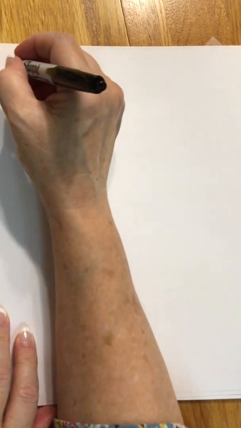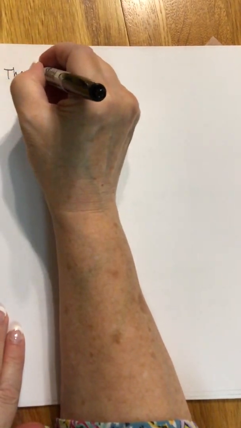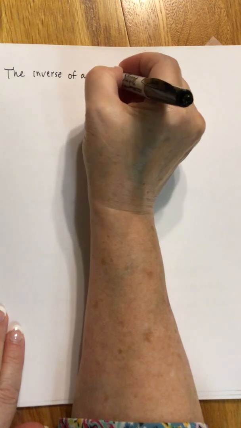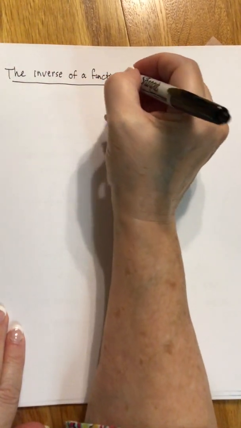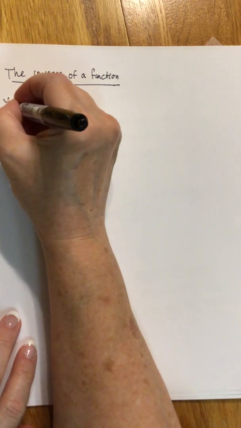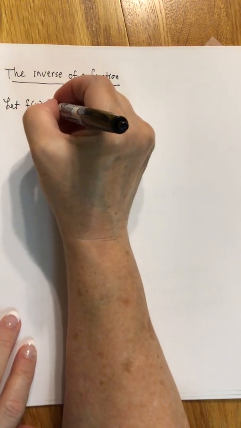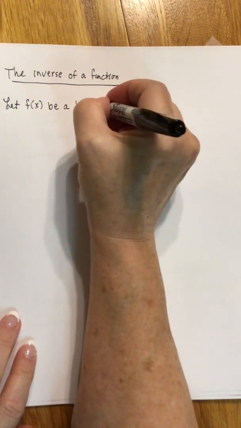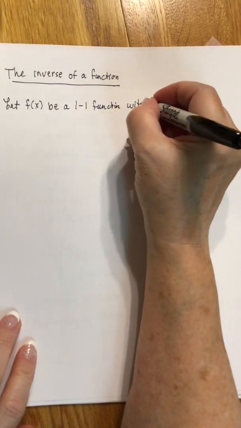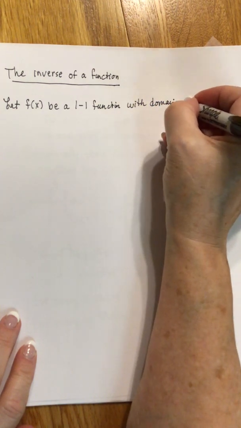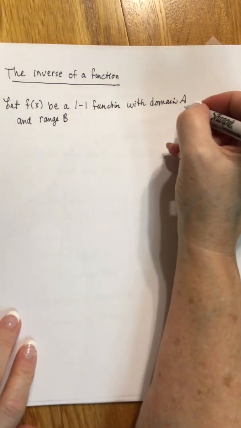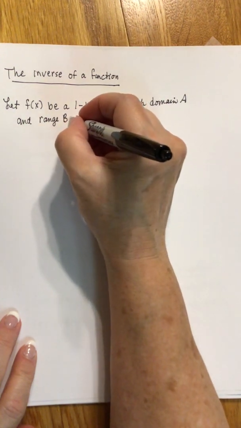Now we're going to look at the inverse of a function. So in order for it to have an inverse, the first thing is let f of x be a one-to-one function with domain A and range B. So A is my input, domain is the input, and B is my range, the output.